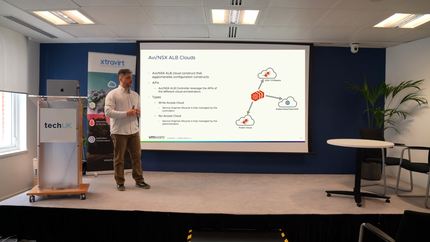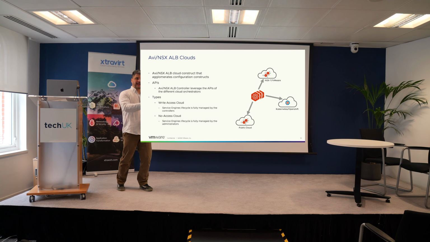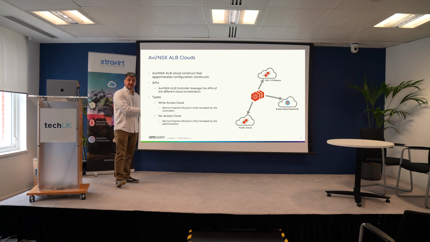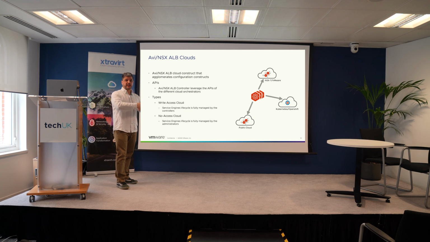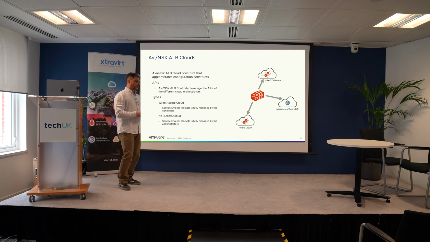Simple example, if you have a vCenter that you can interact with, but you cannot provision VMs, you probably need to use a no-access cloud, because what's going to happen is someone is going to provision the service engines for you, and then they connect back to the controller, and then you handle everything from there. The same way, the AWS cloud, for example, is also one example where you provision the VMs there, but it's not your controller that is actively provisioning things. It just configures the AWS service engines.